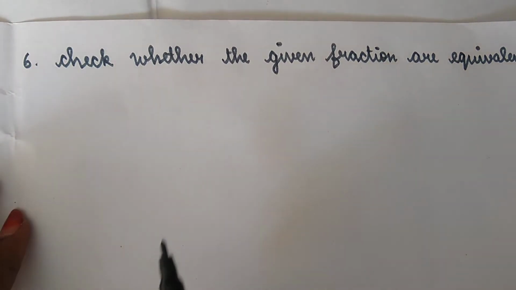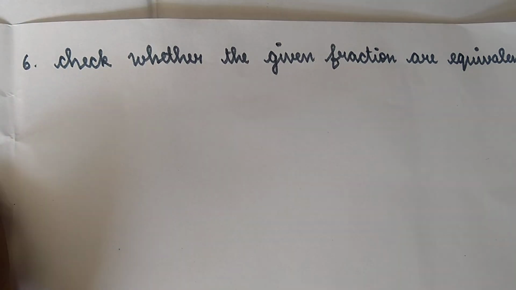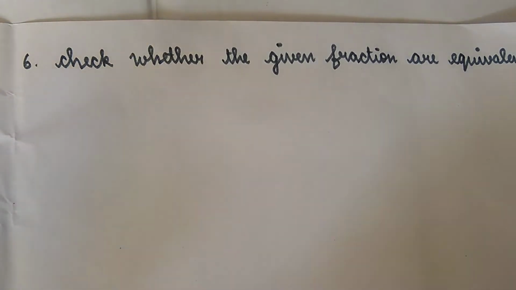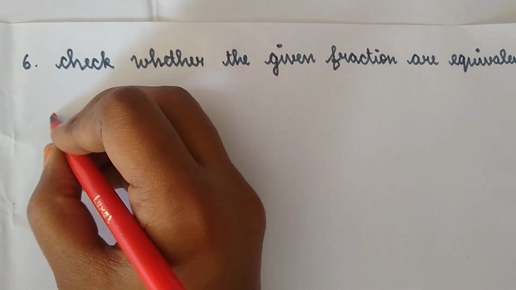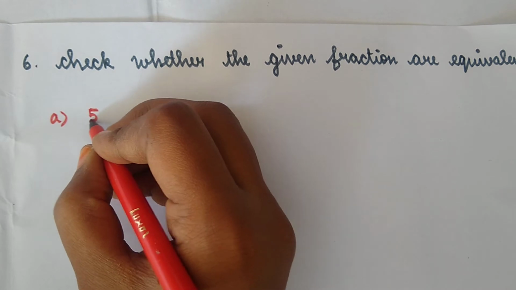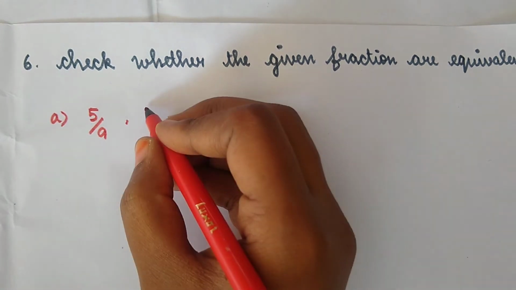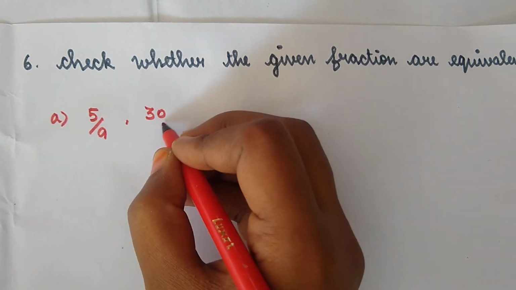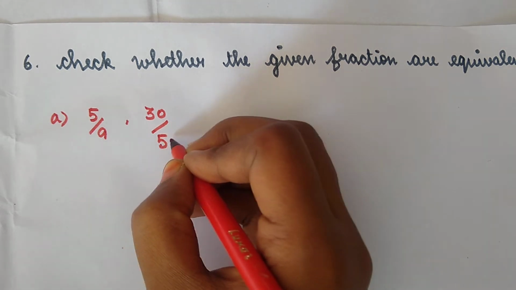So in this sum we are going to check whether the given fractions are equivalent or not equivalent. Okay, let's see the first sum. First subdivision, 5 by 9, 30 by 54.